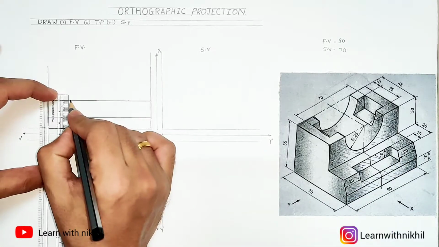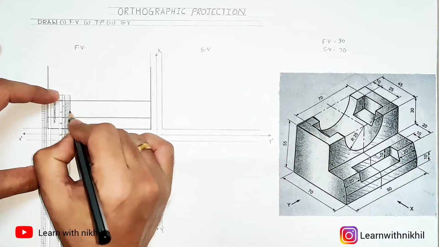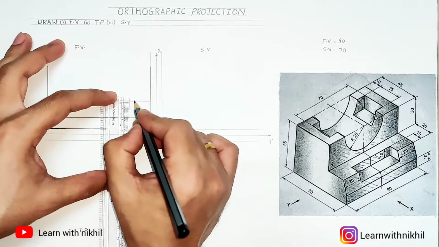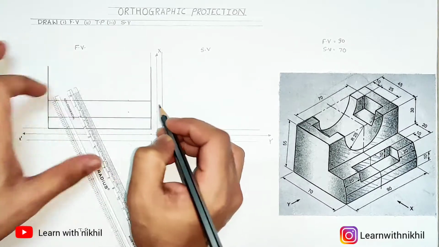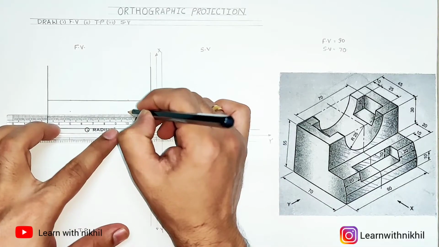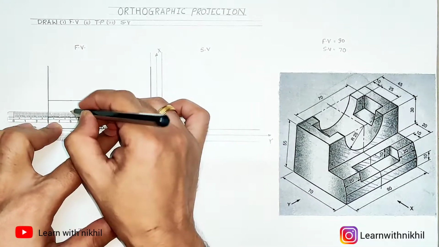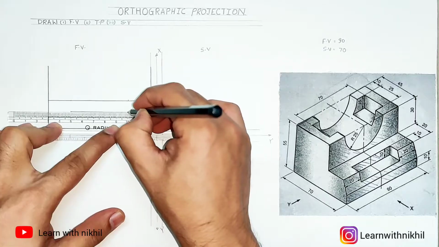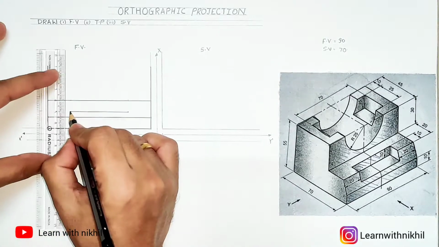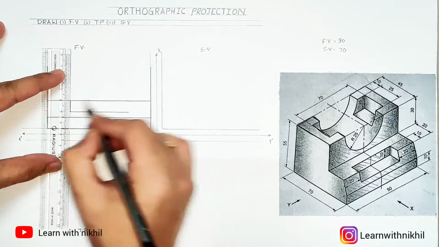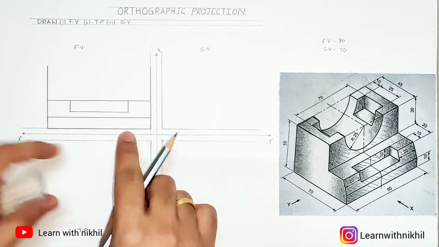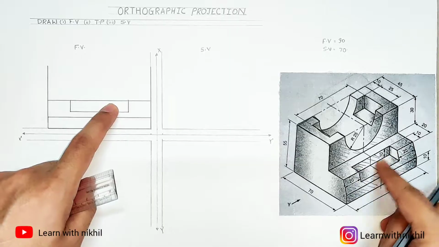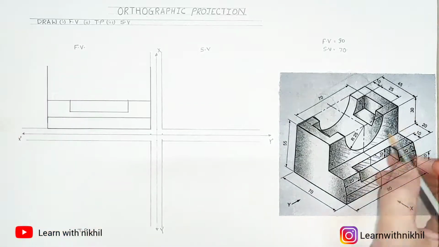Now the inner height given is 10 millimeter. So this height is 10 millimeter, and from this also 10 millimeter below I'll mark a point, and we'll join, and it will look like a rectangular shape which is visible from the front view. So this rectangular part is done.